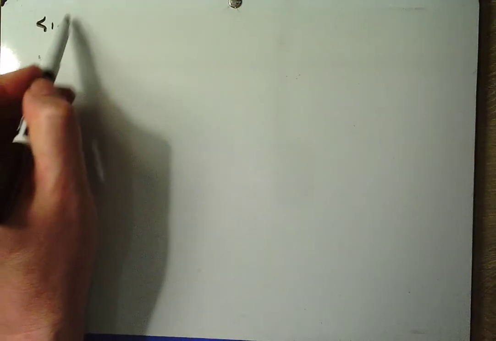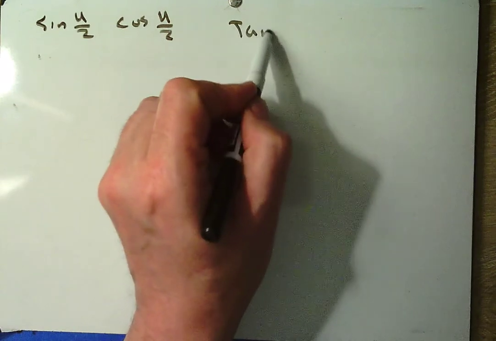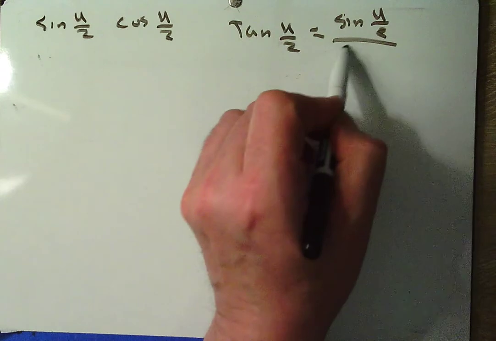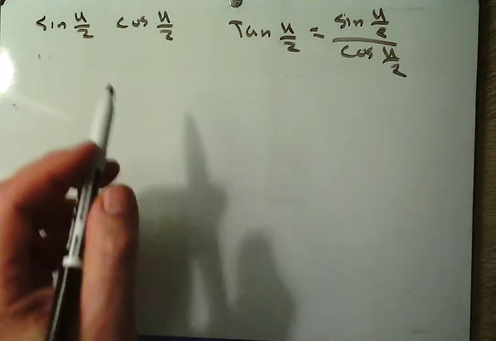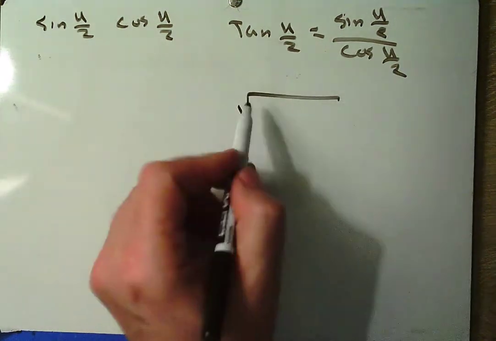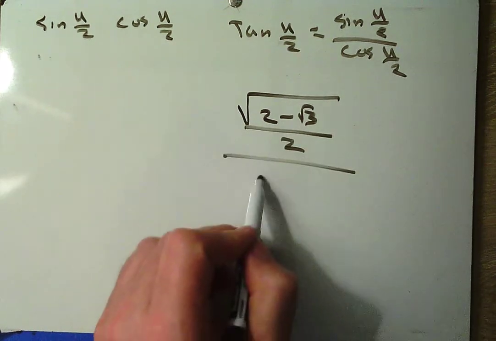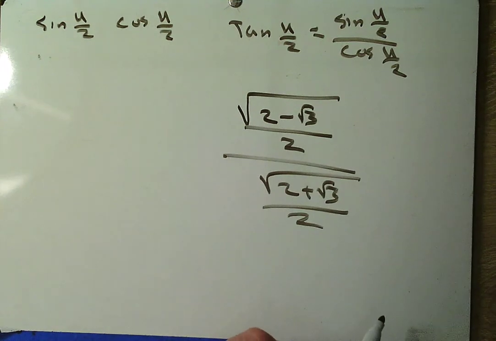What about tangent half angle? Well, tangent half angle, if someone asks you to find sine half angle and cosine half angle, then tangent half angle is certainly sine half angle over cosine half angle. So you could just divide one answer by the other. But when I look at our last problem with square root of 2 minus root 3 over 2 over square root of 2 plus root 3 over 2, I don't really want to simplify that.